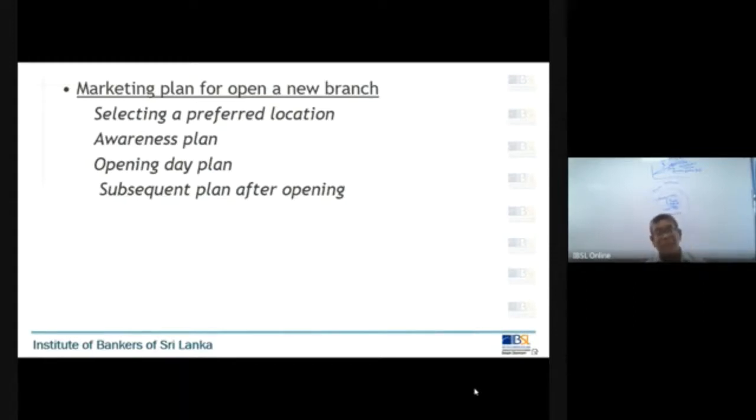So therefore there are four areas: selecting a preferred location, feasibility study, regulatory requirement, awareness campaign, what marketing plan you are going to adopt on the opening day, and after opening, what plan you are going to do. It's a continuous thing. I hope you understood that.